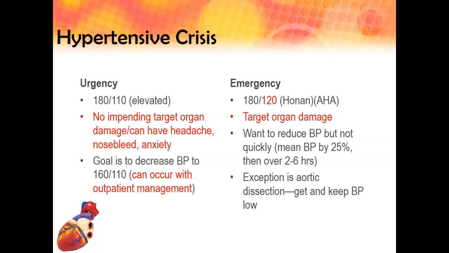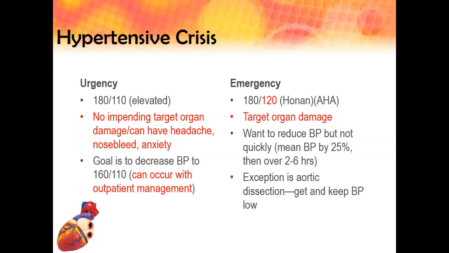An urgency is elevated blood pressure, but at that point in time there's no impending target organ damage, and patients can have headaches, nosebleeds, and anxiety. The goal is to get the blood pressure down to 160 over 110, and it can typically occur with outpatient management.